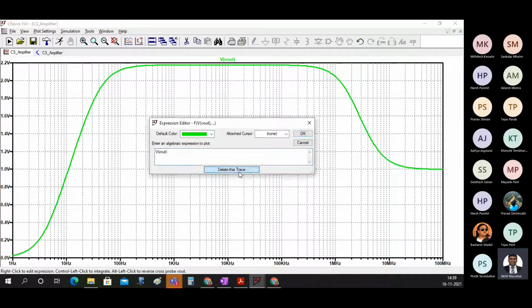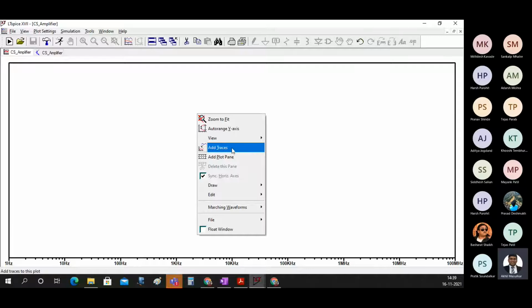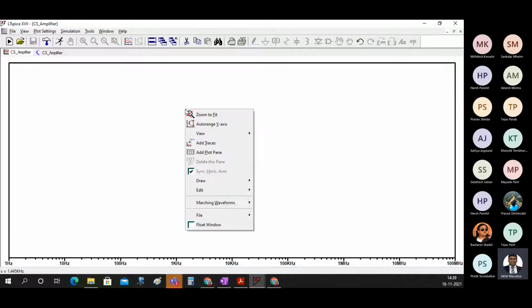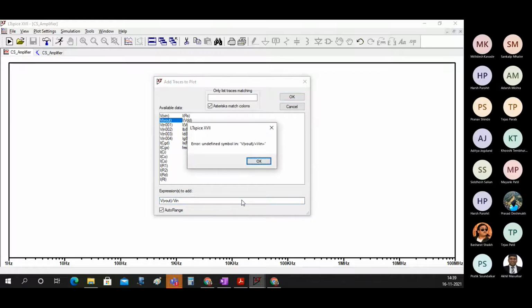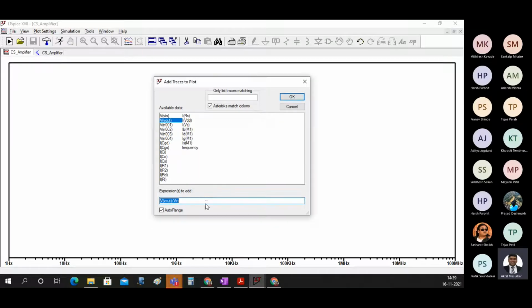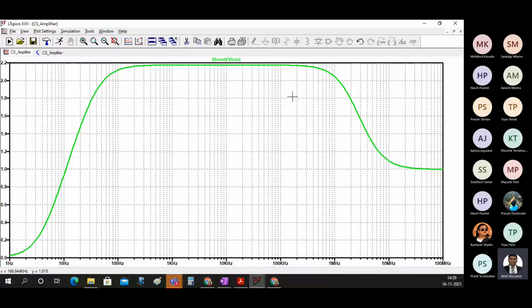Now I'll delete this trace. I'll say add trace, and I write here V out divided by V in.